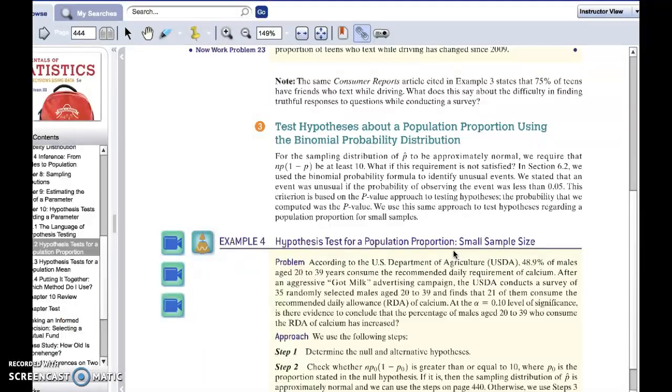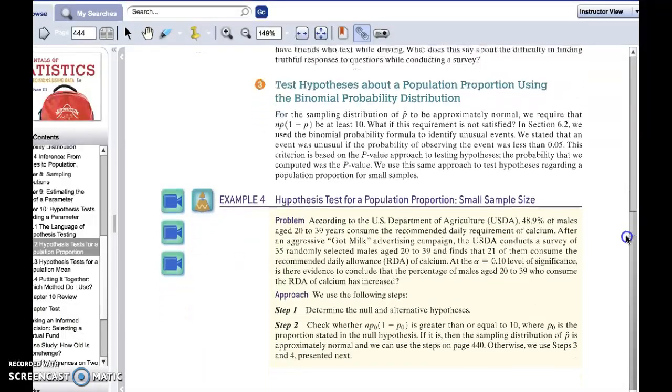In the hypothesis testing event, we have some alternative methods. If our condition doesn't check here, we can't use the proportion procedure we were doing before with StatCrunch, but we can use the binomial. So this makes things a little bit more complicated, but you only run into it when your sample size is small and your conditions don't check.